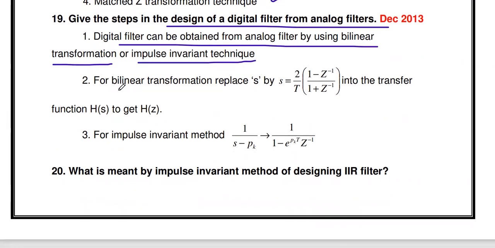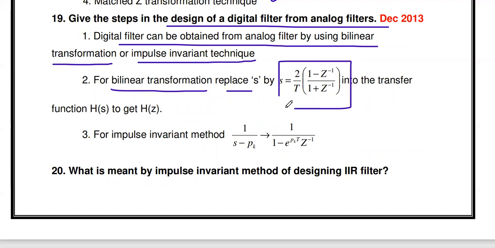If it is bilinear transformation, we simply replace S with 2 divided by T times (1 minus Z inverse) by (1 plus Z inverse). We substitute S equal to this in H(S) and we get H(Z). That is the method.